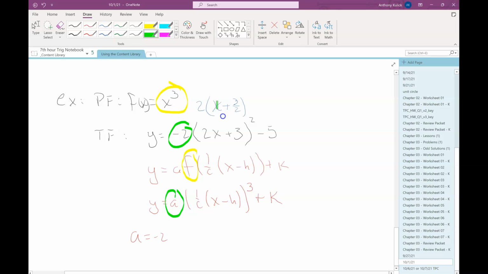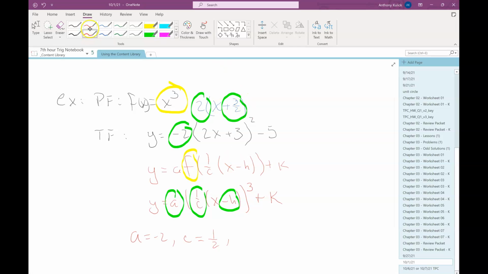Those underlines, because I'm using the green here. My 1 over c is 2. So what's my c then? Opposite. It's the reciprocal, so 1/2, just the reciprocal. The sign doesn't change, just the reciprocal. My h is going to be -3 over 2.